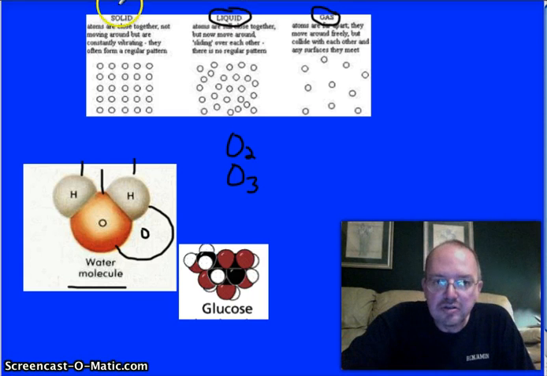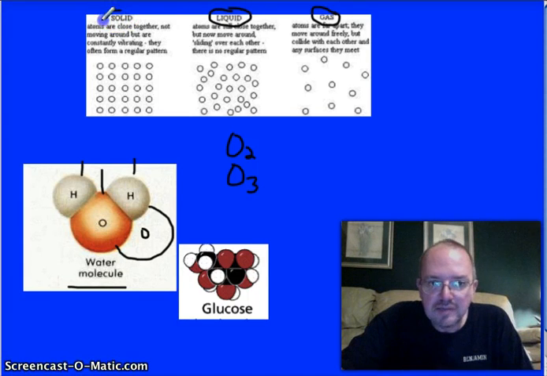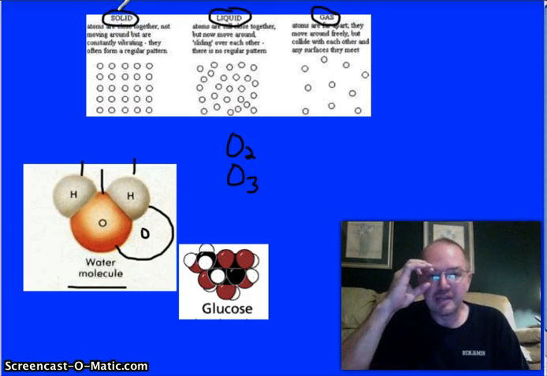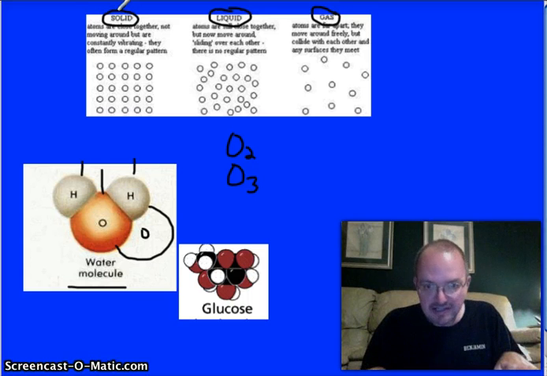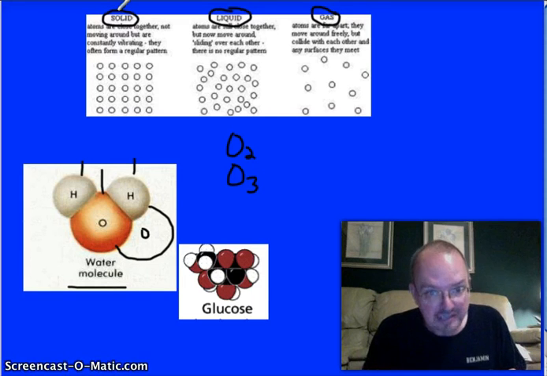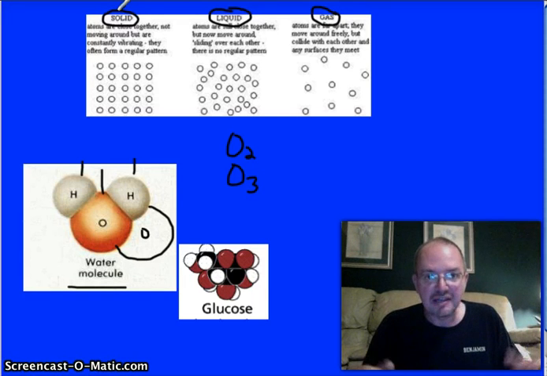But the thing that's hard to comprehend sometimes is the fact that solids have atoms that are vibrating. They're constantly moving. The desk that you'll be sitting on at school tomorrow is made up of atoms which are constantly moving. So you can say even though the desk looks like it's completely still, the atoms in there are moving.